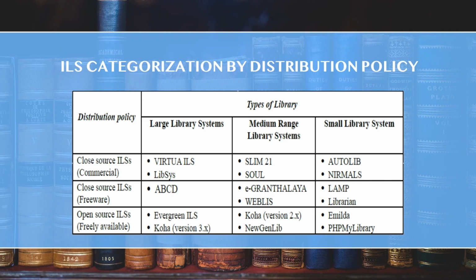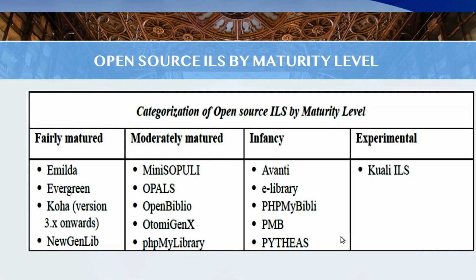So let us move to another group. Open source ILSs that are in use in India, we can categorize by maturity level. In the earlier tutorial, we also came to know about this kind of categorization. If we go by the use of different kinds of open source software in India, we can categorize under the fairly matured group. Koha and NewGenLib in this particular group are very popular in India. Then in the moderately matured group, we have many, but PHP My Library is actually utilized by some of the school and college libraries in different parts of the country.